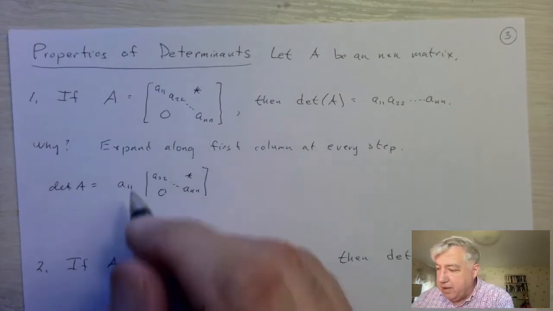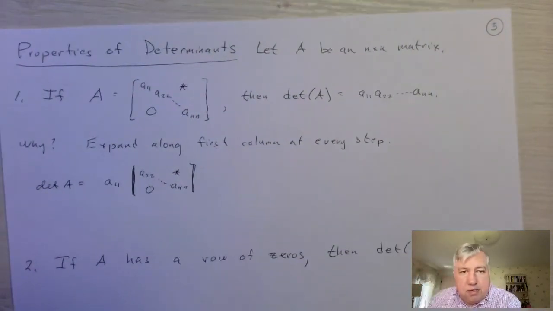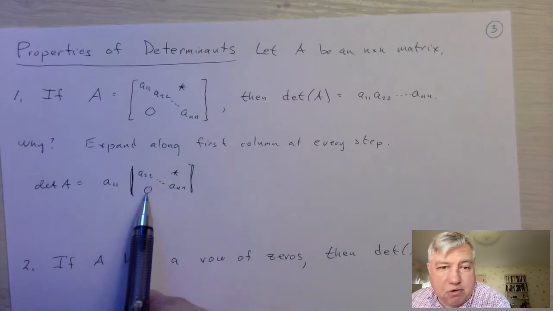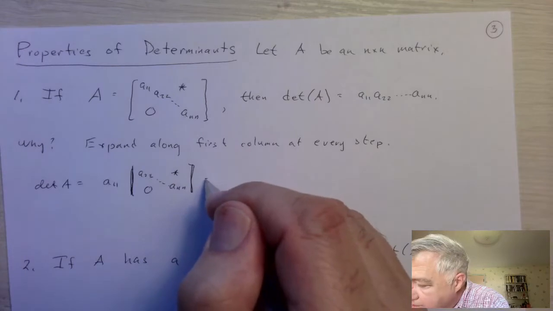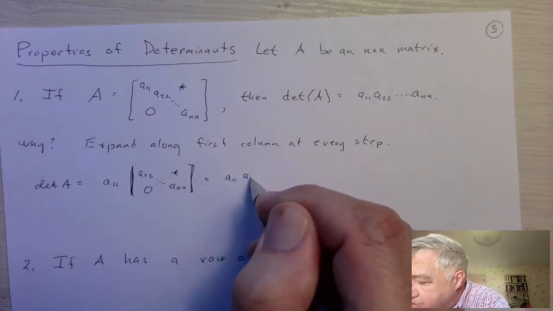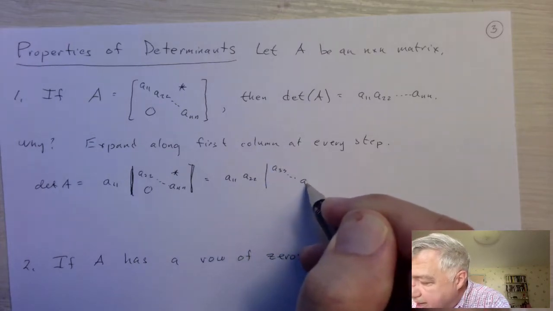Now we want to compute what this determinant is. And once again, we can choose to take the first column of this new matrix, so this will be A11, A22 times the determinant of A33 to ANN.